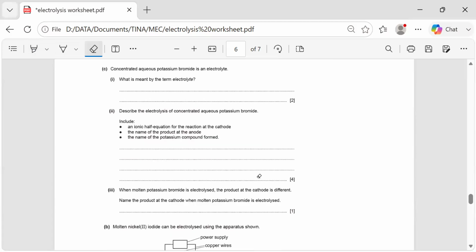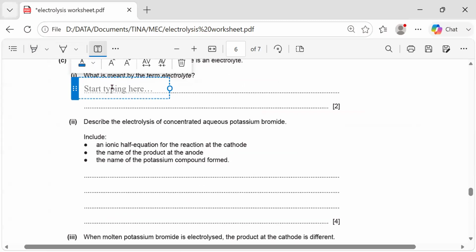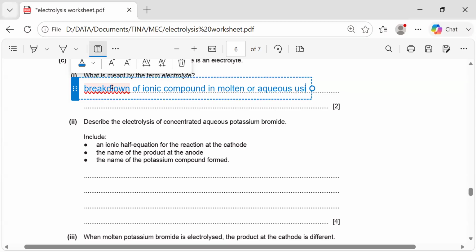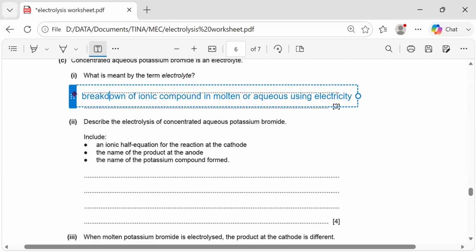There's a difference. Okay, this one is definition. Remember, definition is not what you feel. Definition is the actual answer. Okay, so breakdown of ionic compound in molten or aqueous using electricity. That's for electrolysis. Oh yes, sorry. That's electrolyte. Oh, so sorry.